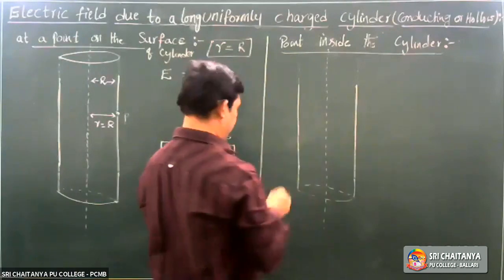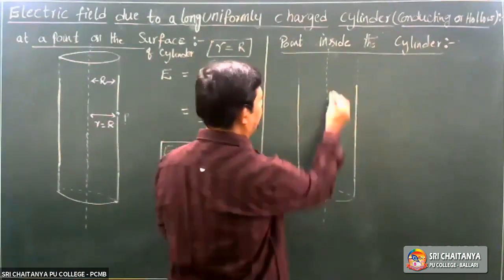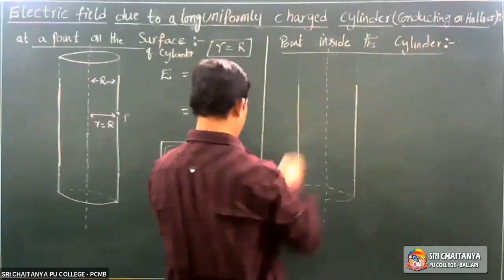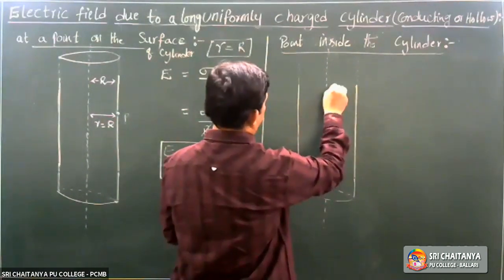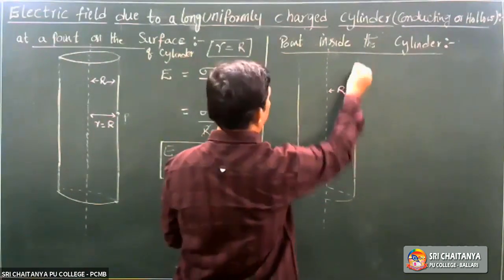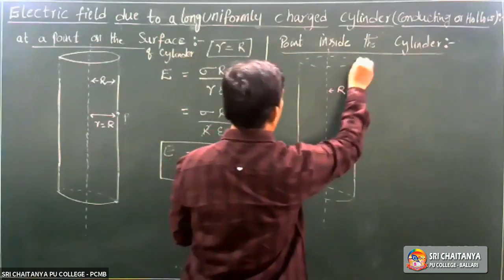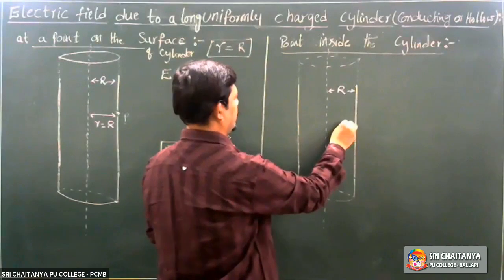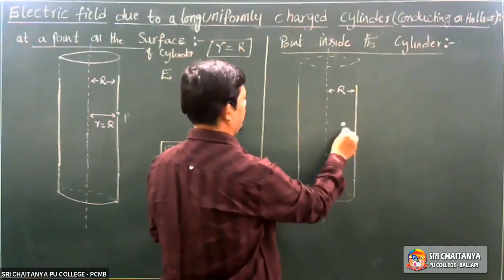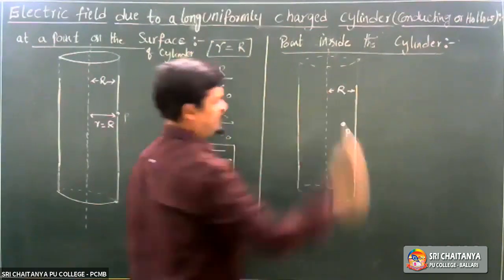Now here is the point inside the cylinder. This is the radius R. The point is here, inside the cylinder.